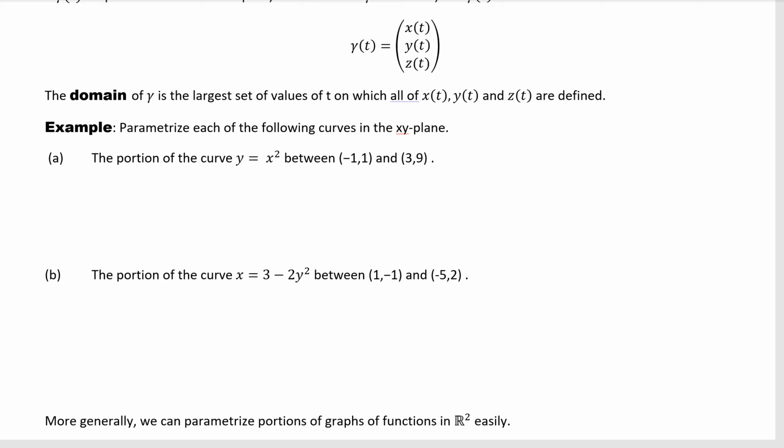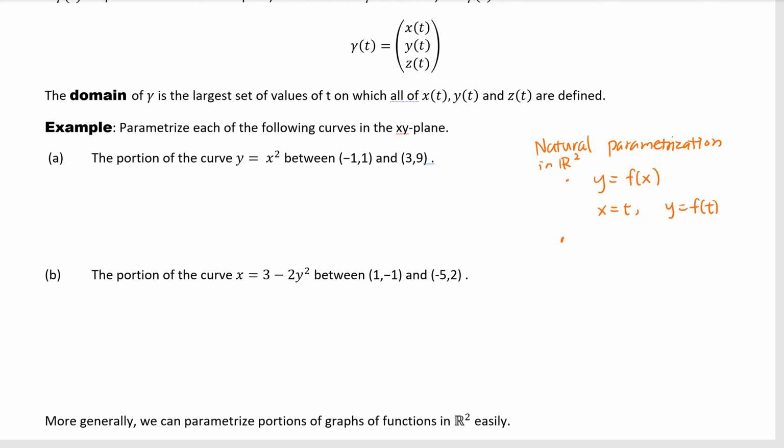Here, if y is a function of x or x is a function of y, we can use a natural parametrization. So what is that? If y is a function of x in the xy plane, then we can let x be t, then y is f of t.